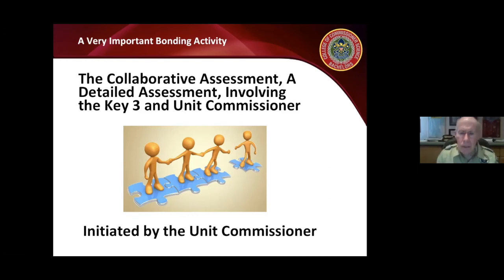This collaborative assessment should be initiated by the unit commissioner. In the event that there is not a unit commissioner involved with that unit, then one member of that unit key 3, probably the COR, needs to initiate that, so that it is held.